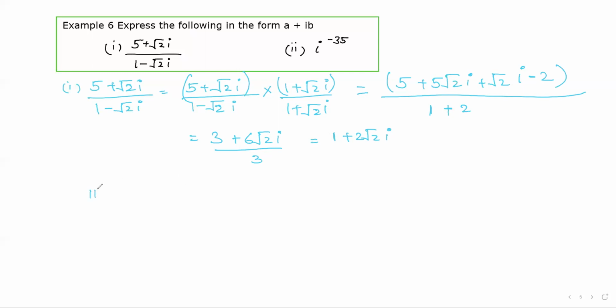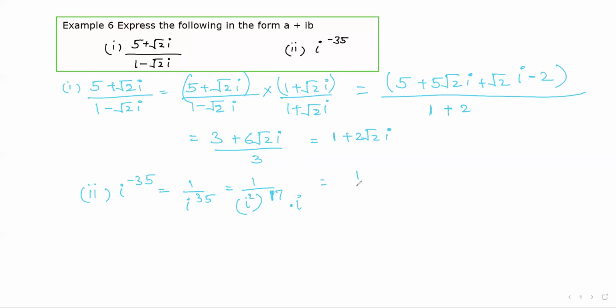Next, second part, i to the power minus 35. Now this can be written as 1 upon i to the power 35. Now you can get into the multiples of 4 or multiples of 2. So 35 is equal to 34 plus 1, which is i square to the power 17, which is 34, into i. i square is minus 1.